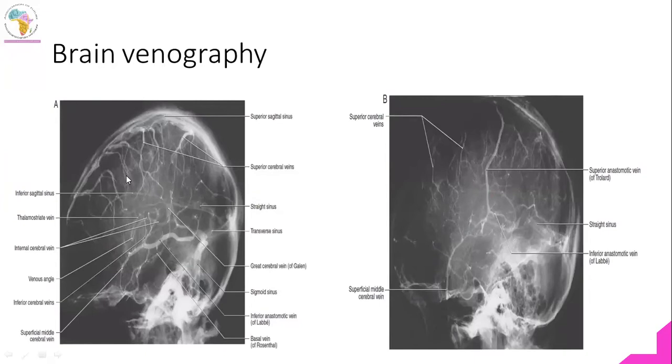And with injection of contrast, now we can see those venous structures. Here we can see the superior sagittal sinus, the transverse sinus, and the sigmoid sinus. Here we can see the inferior sagittal sinus and the great cerebral vein, and this is the straight sinus. So brain venography is a diagnostic imaging for the venous system.